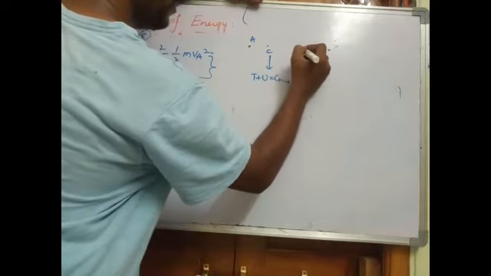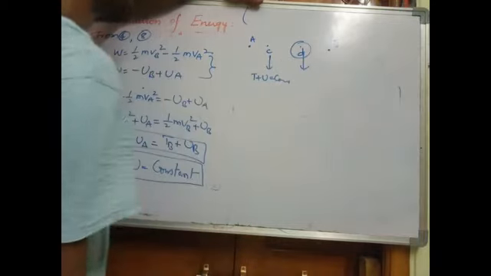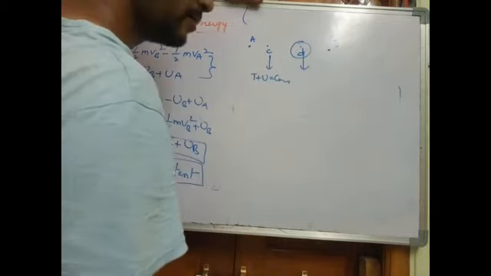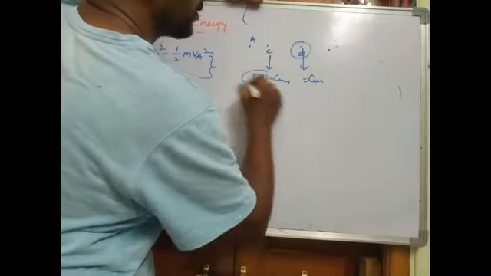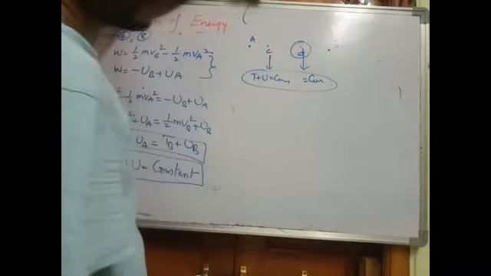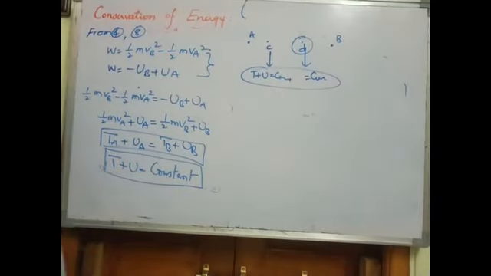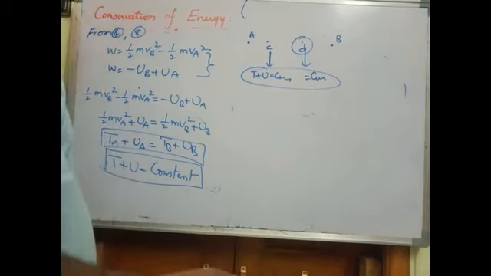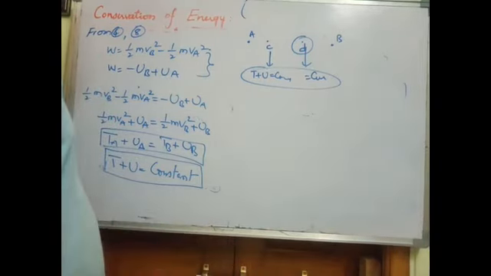If you take point D, the sum of kinetic energy and potential energy is also constant, the same values. Somewhere the potential energy may be more than the kinetic energy, somewhere the kinetic energy is greater than the potential energy, but whatever it is, the total energy remains constant.